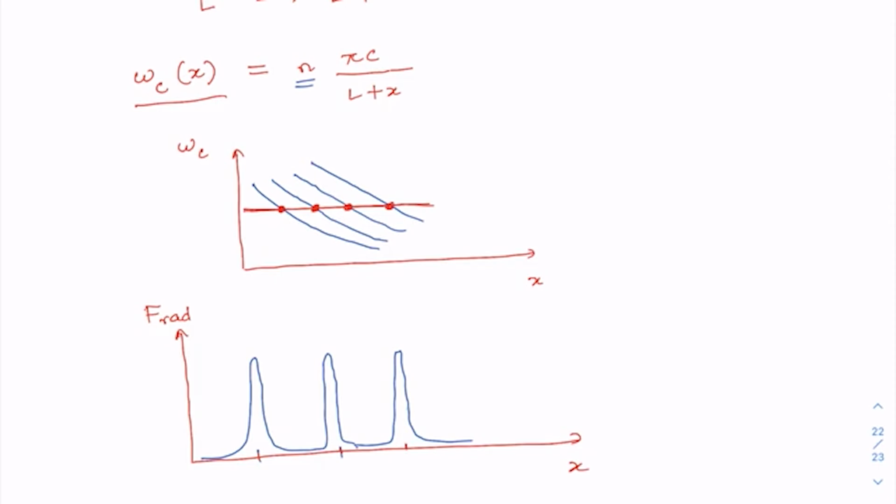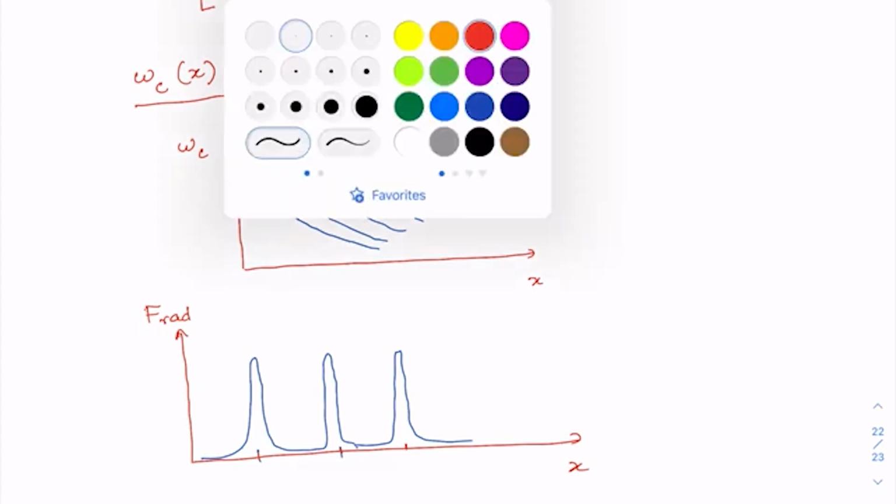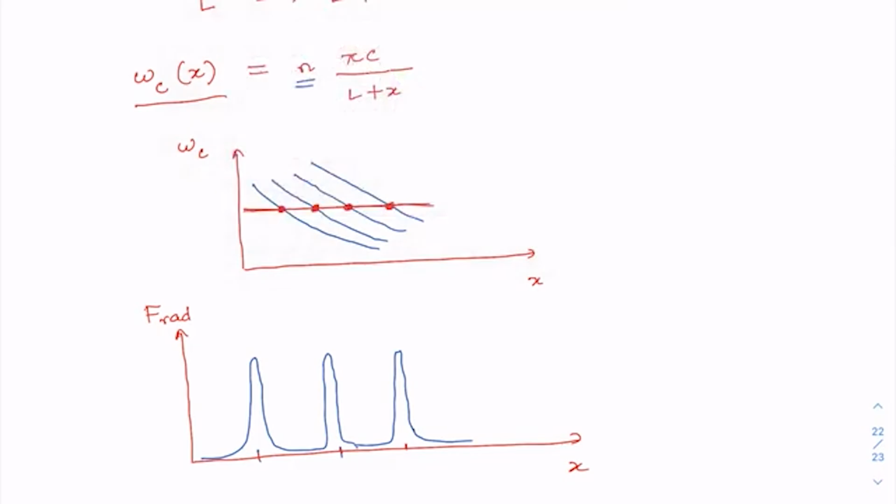Another thing you can notice from this diagram is that at any given point the force has a certain slope. For example, let us look at this particular point. If I draw a tangent, you see the force has a slope here. That means we have a finite ∂F/∂x. That's the force gradient.